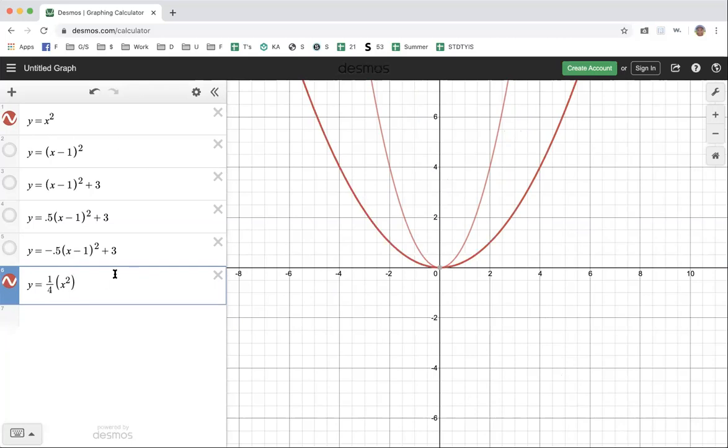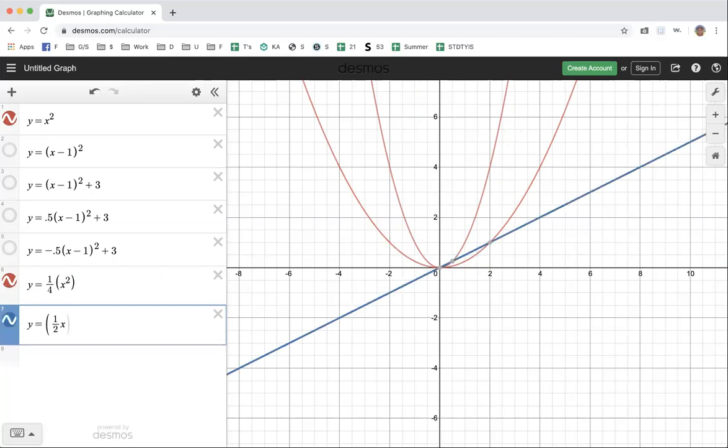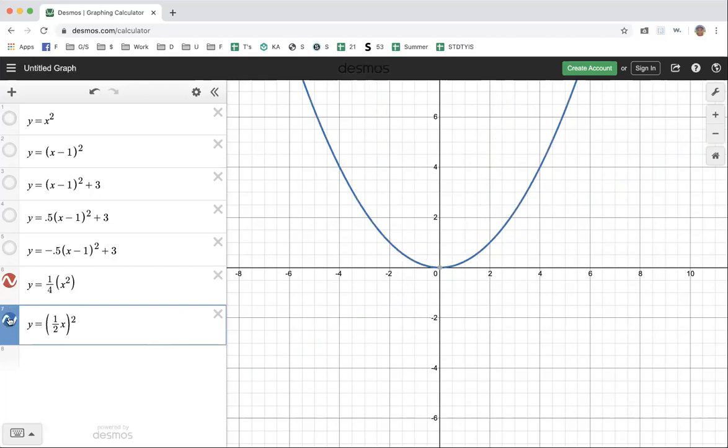Okay. So you notice how these two that I just did came out the same. And you can tell algebraically, if you multiply this out, it obviously comes out to the same thing as this one.